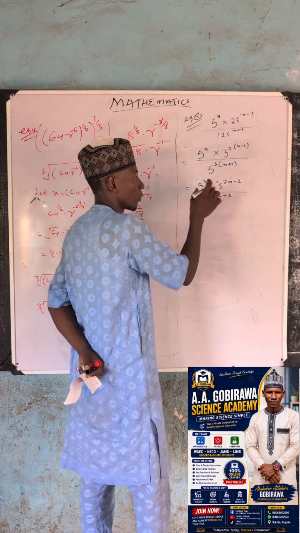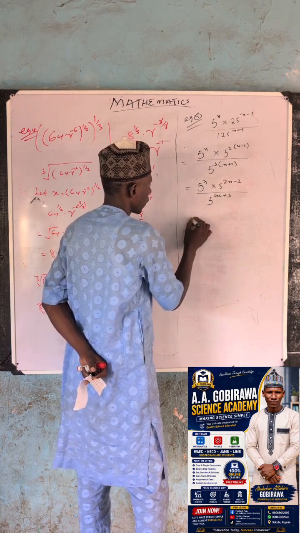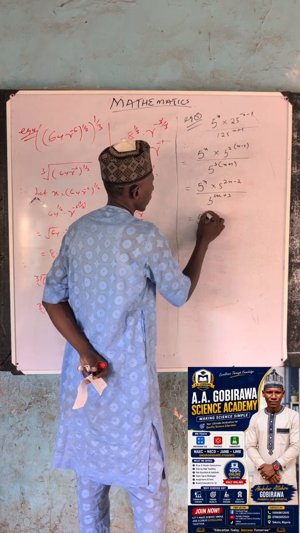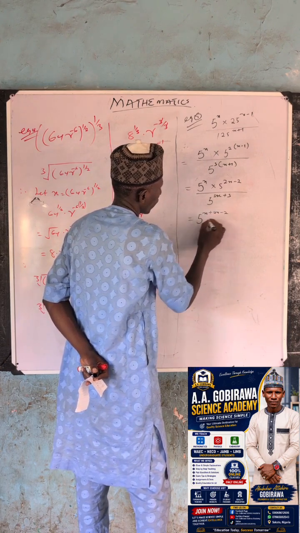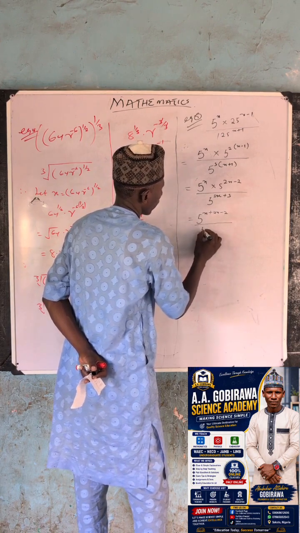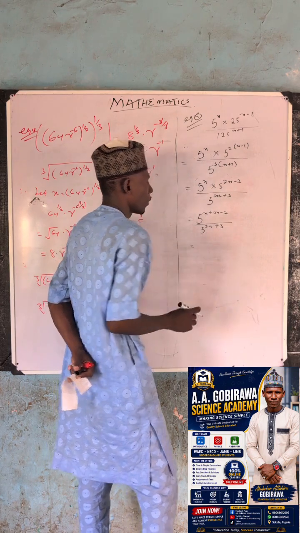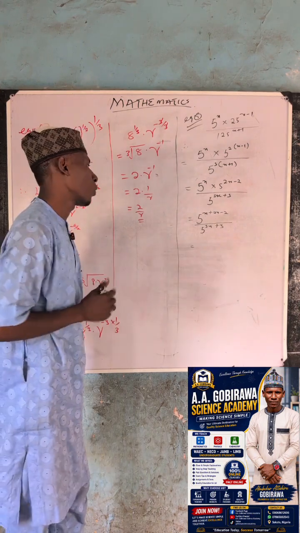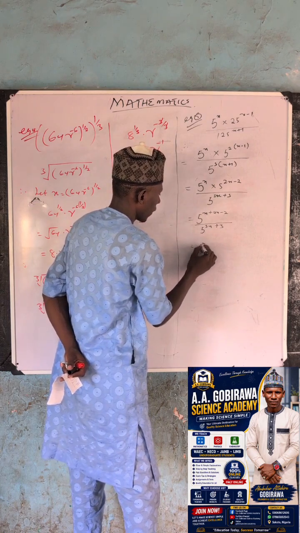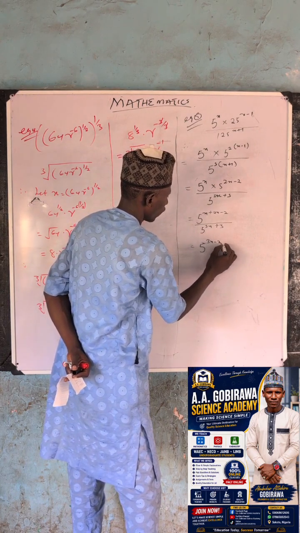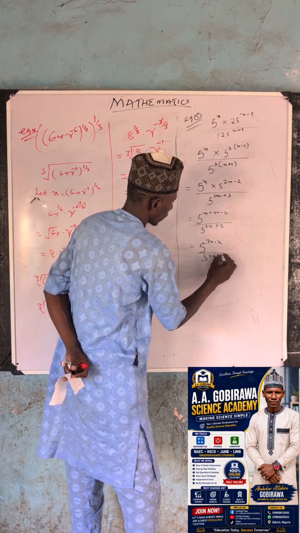Then from the multiplication law, we take the one base and add the powers: 5 power x plus 2x minus 2, divided by 5 power 3x plus 3, which gives 5 power 3x minus 2 all over 5 power 3x plus 3.